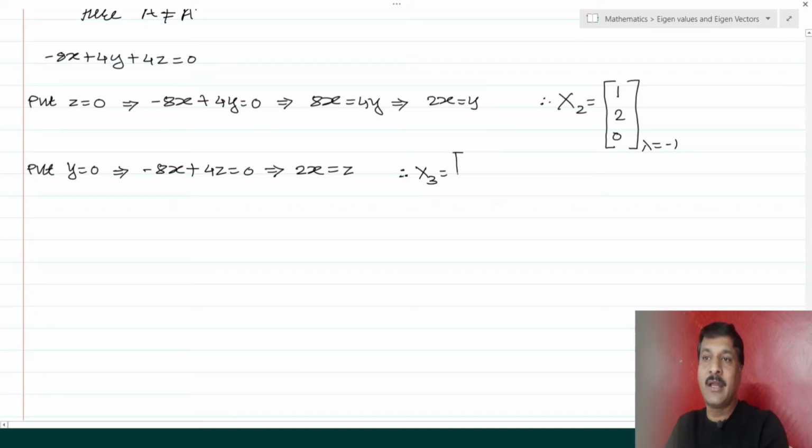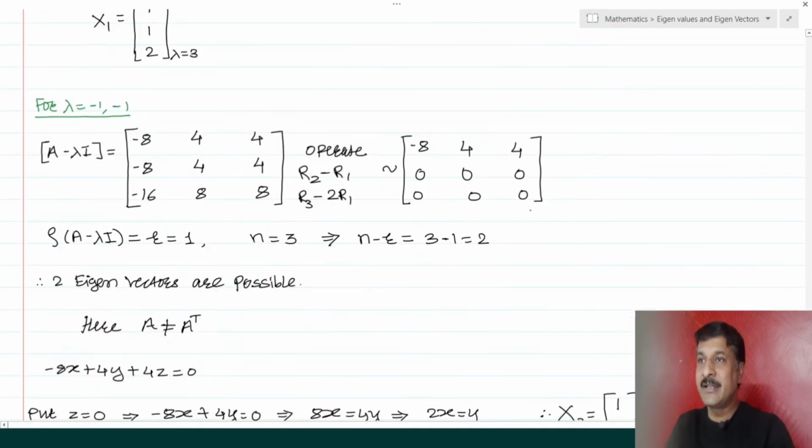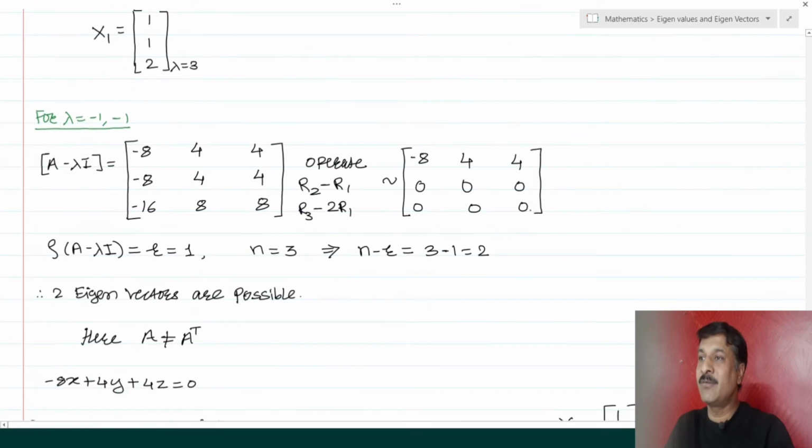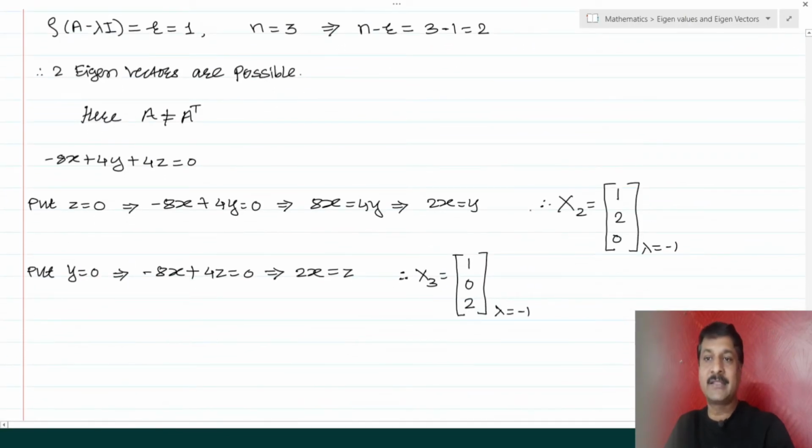As y equal to 0, you put z equal to any value. Here I will consider x equal to 1, so z equal to 2, corresponding to lambda equal to minus 1. So note that here we have 3 eigenvectors, that is this 1, 2 and 3, which is your required answer.